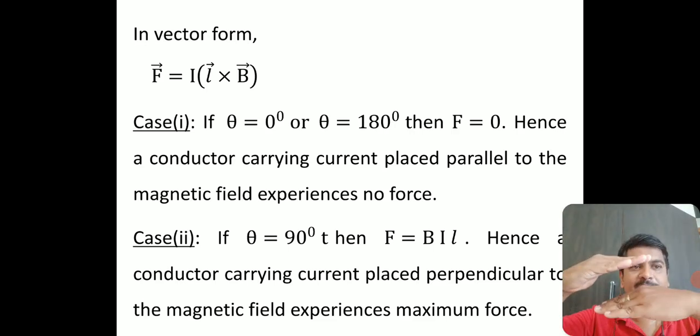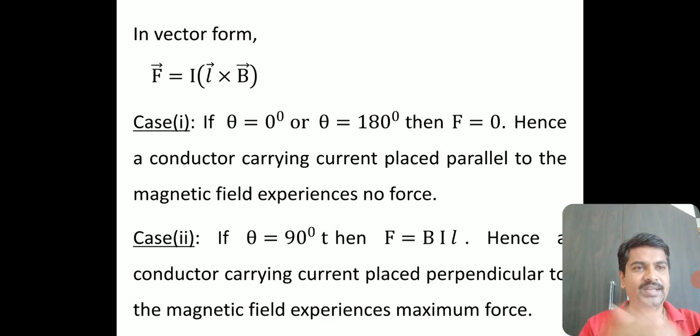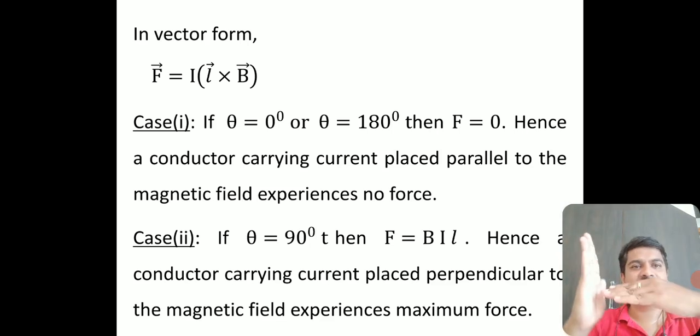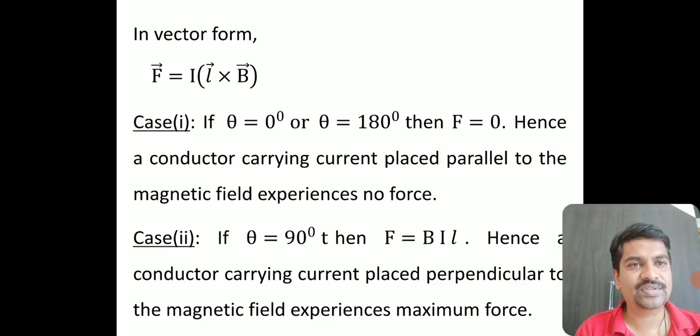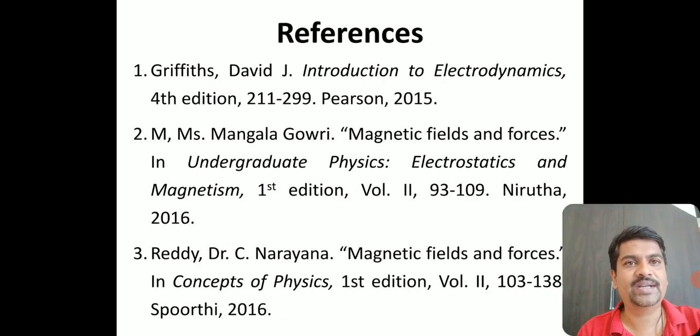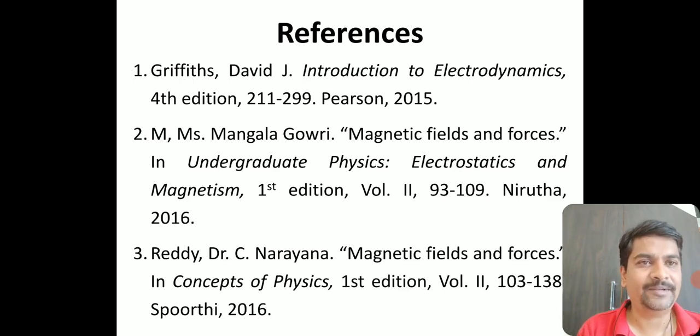When the conductor is parallel to the magnetic field, it never experiences a force. If the conductor is perpendicular to the magnetic field, it experiences a maximum force of BIL. So these are the two cases I can discuss while saying the force experienced by a current carrying conductor when it is placed in a magnetic field.